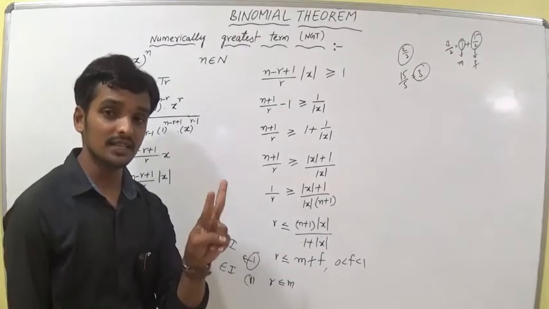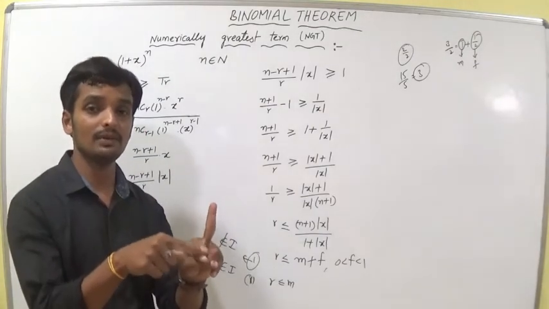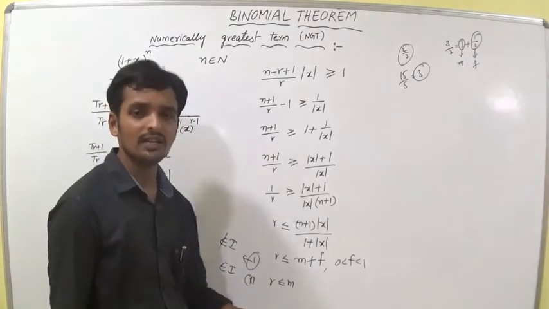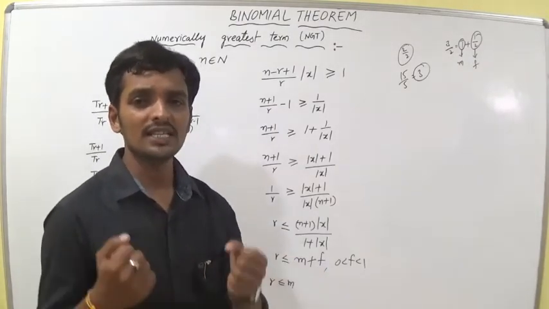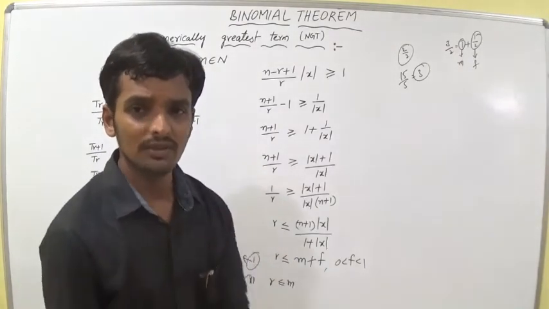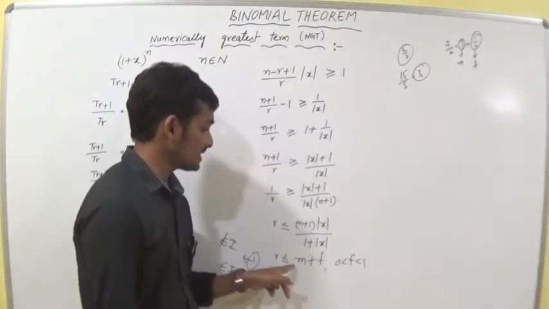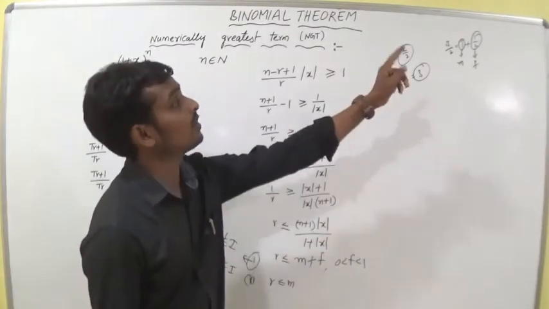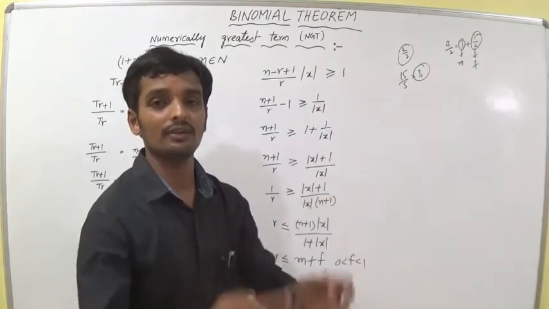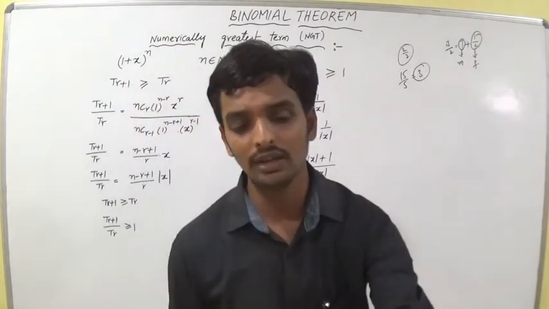If it is an integer, what will happen? If R is equal to 3, we simply take R is equal to 3. In some cases, if R is like 1 by 2, what can you take as the value of R?